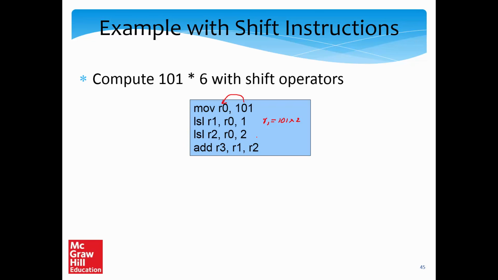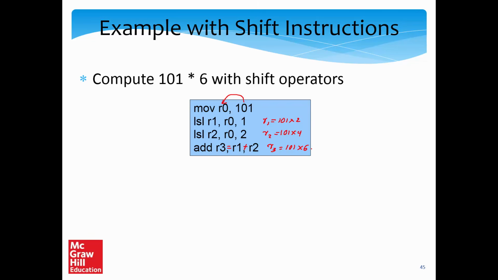And then again we compute R2, which is shifting 101 by two positions and multiplying it by 4. Then we add R1 plus R2 and set the result equal to R3. So essentially R3 becomes 101 multiplied by 6.